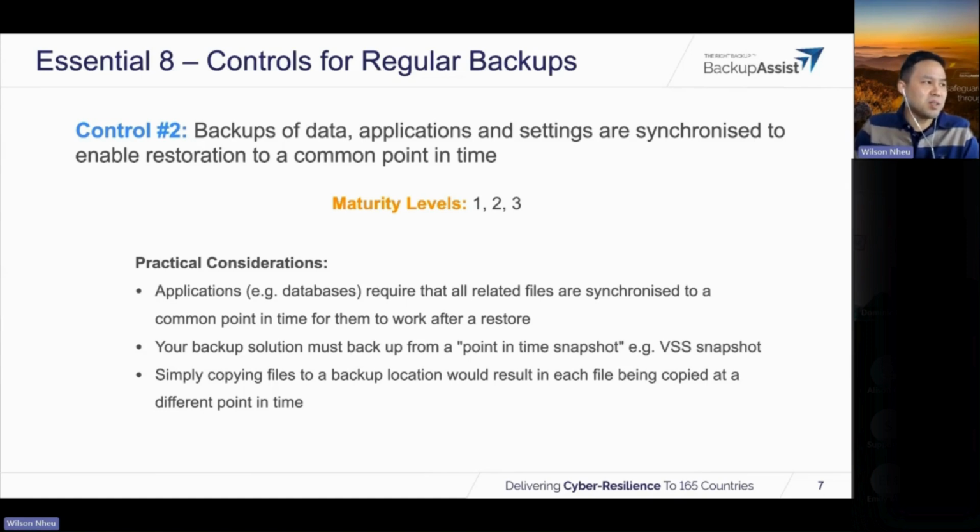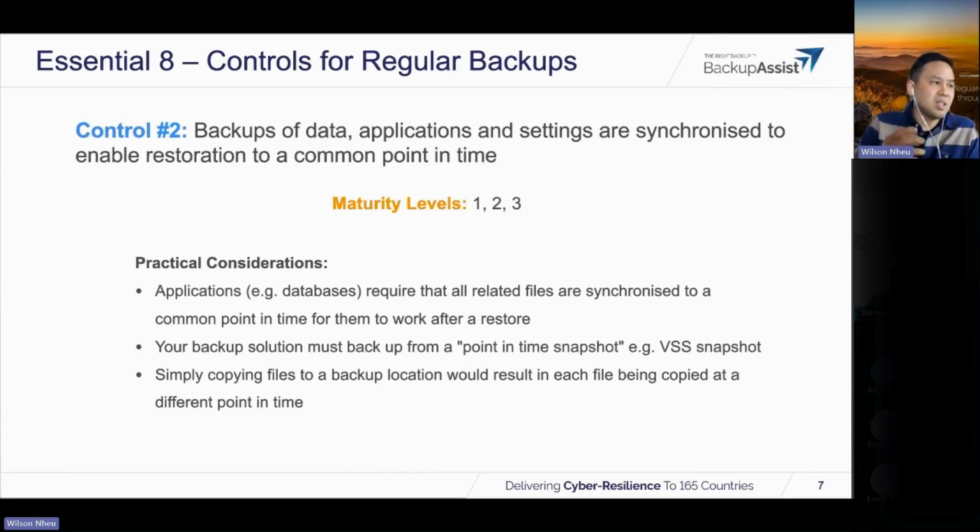The next control, control 2, is about making sure that your backups, so the files within your backups, are synchronized time-wise. That they're all taken at a common point in time, so that you can carry out restoration. Again, this affects maturity levels 1, 2, and 3. So why is this even important?